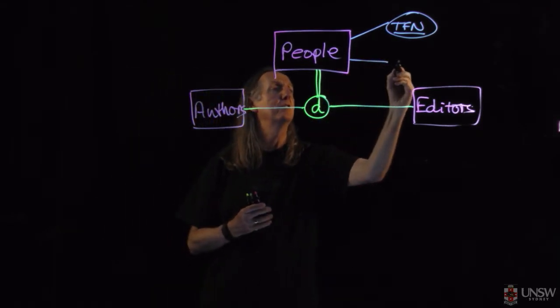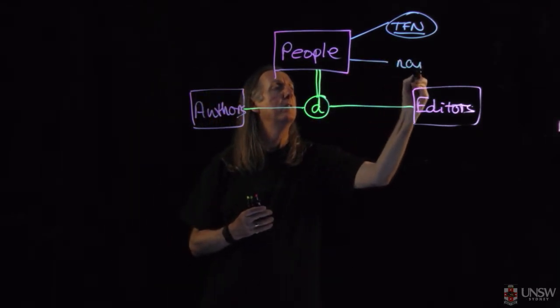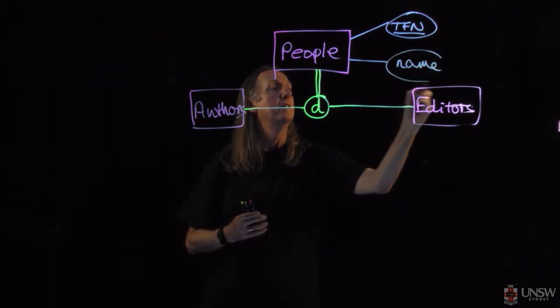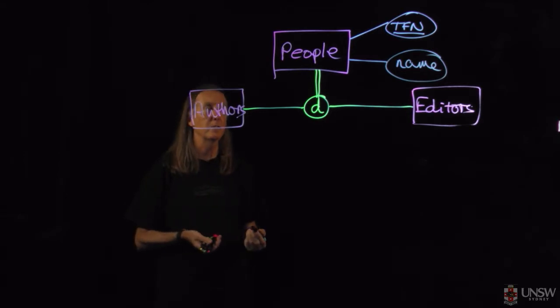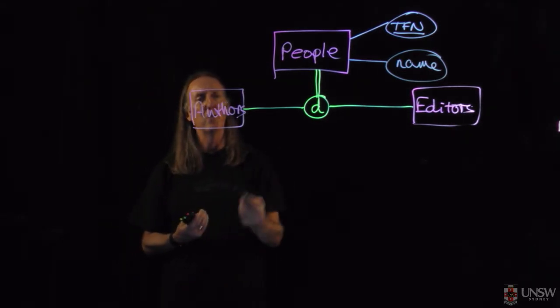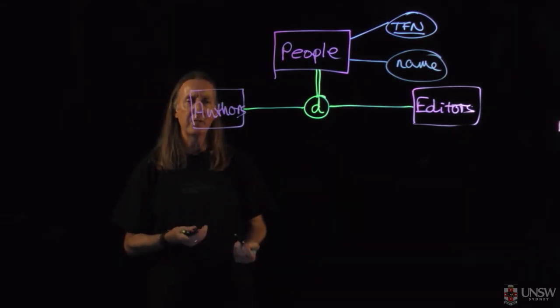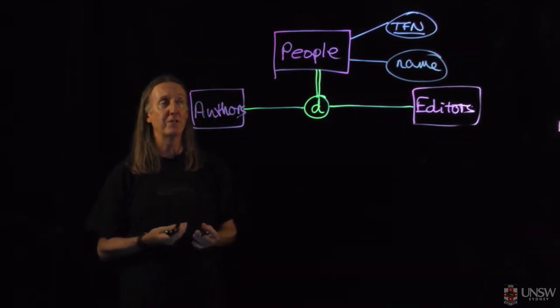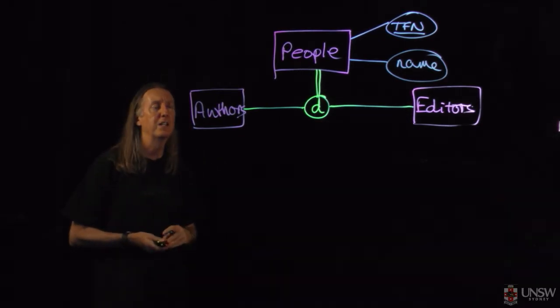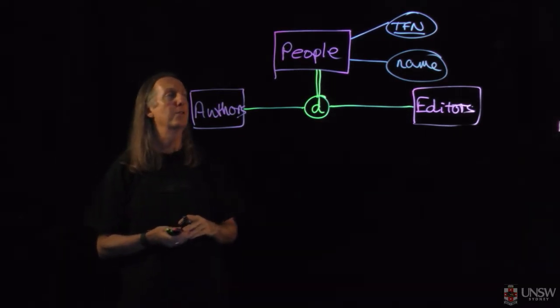What other information are we interested in about people? Well, we're probably interested in their name. And in the context of writing stuff, or in context of books, authors have a real name, and they often have a name that they use when they're writing books. And in fact, they may have several different so-called pen names that they use while they're authoring.